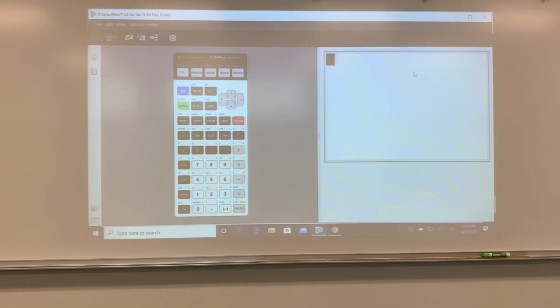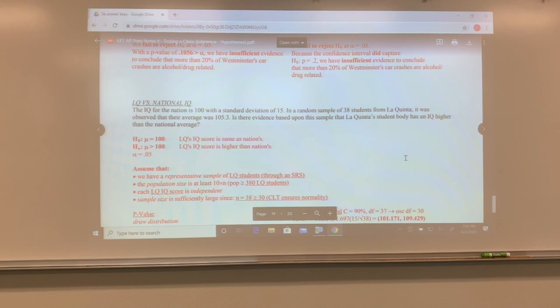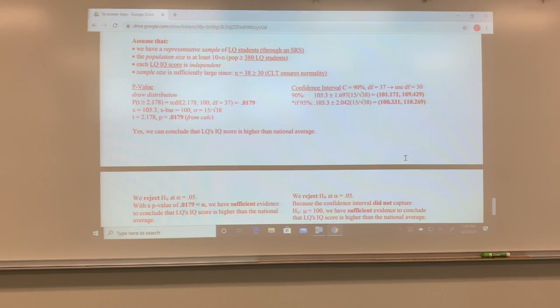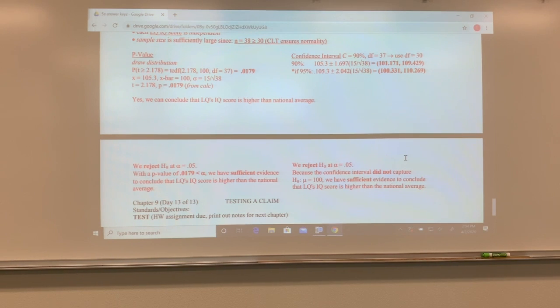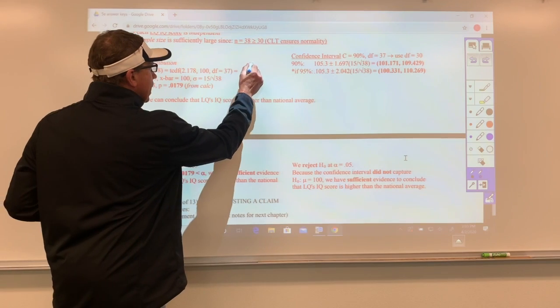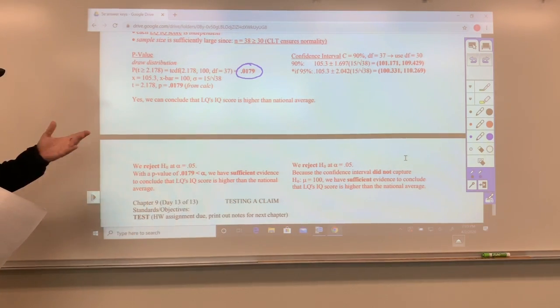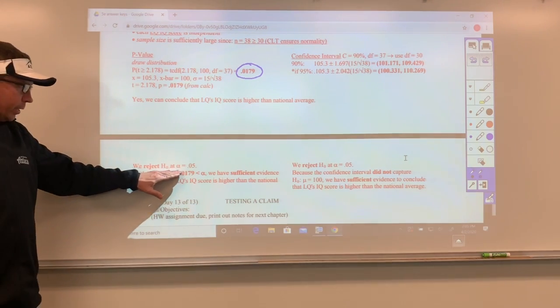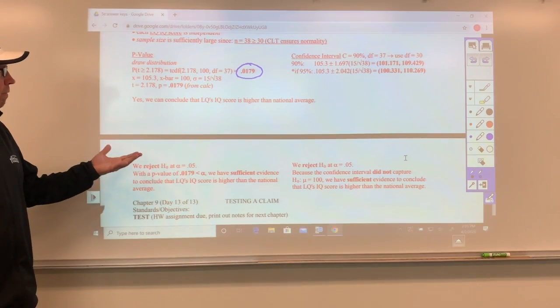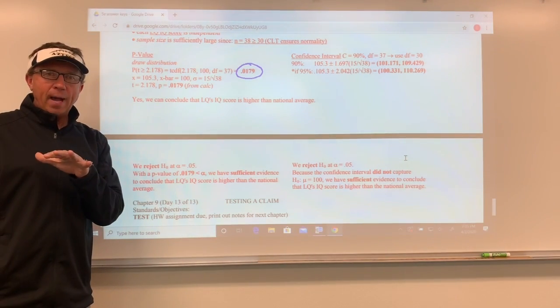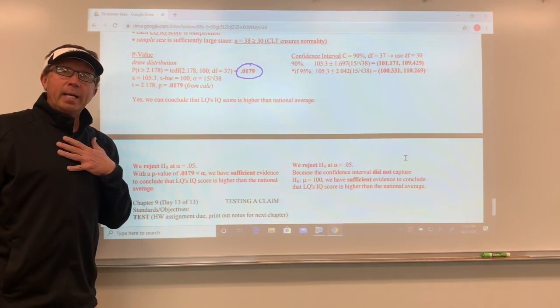Okay, let me move the notes up a little bit, and let's go back through this. We've gone through most of this. So this was our answer, 2.179. How do we write the conclusion? We reject H0 at alpha 0.05. I chose 0.05 basically because this is between 0.01 and 0.05, and I want to make the La Quinta kids look good.